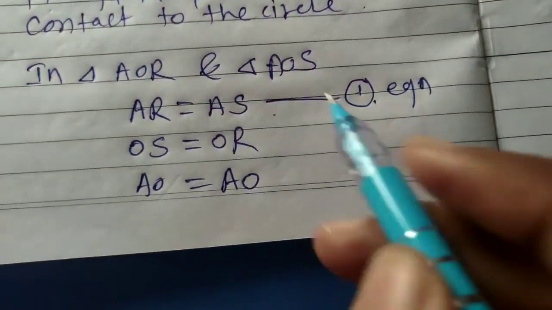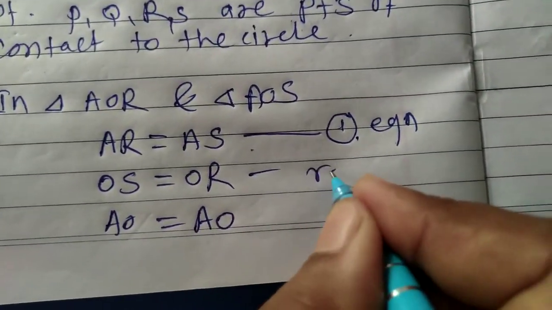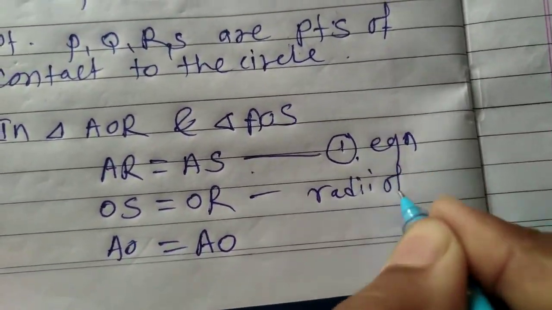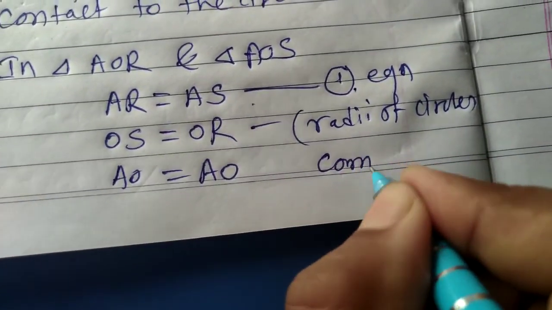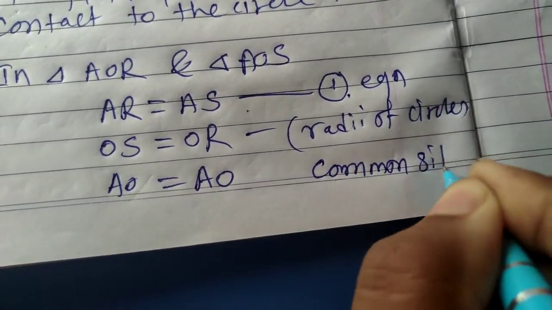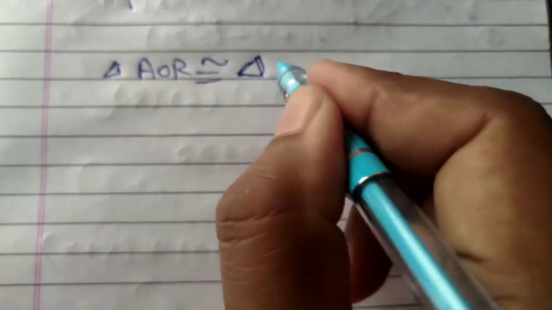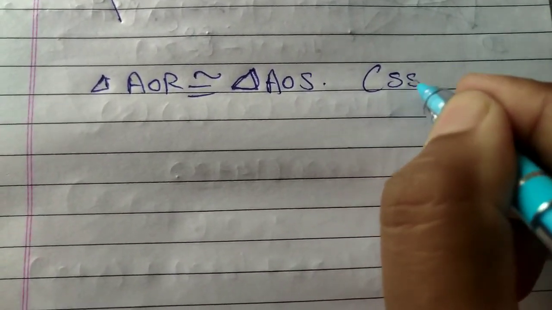OS equals OR, radii of same circle, and AO equals AO, common side. Means the triangles are congruent. Triangle AOR is congruent to triangle AOS, and the criteria is SSS.